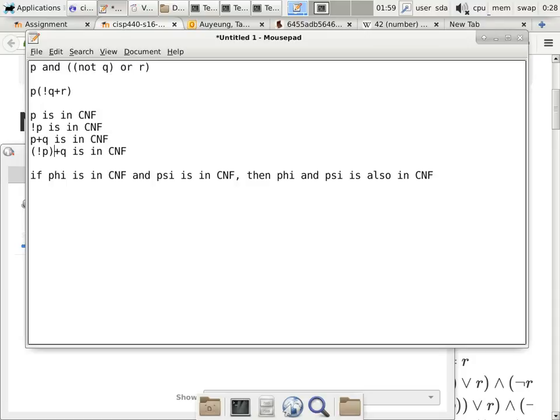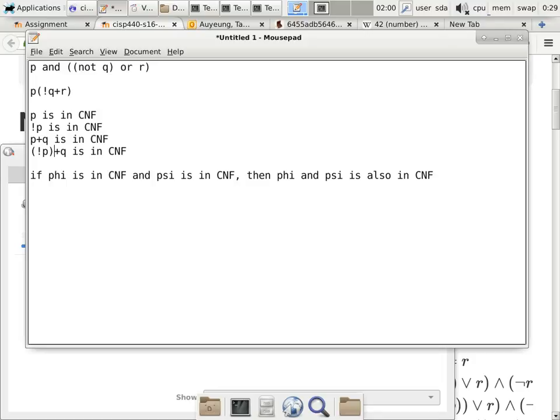If phi is the P and Q or R, the one right above it, and psi is the one over on the right, the not P one, then if you say phi and psi, there are two conjunctions nested in there, and that's okay? Yes, the conjunction in phi, and then the conjunction of phi and psi.